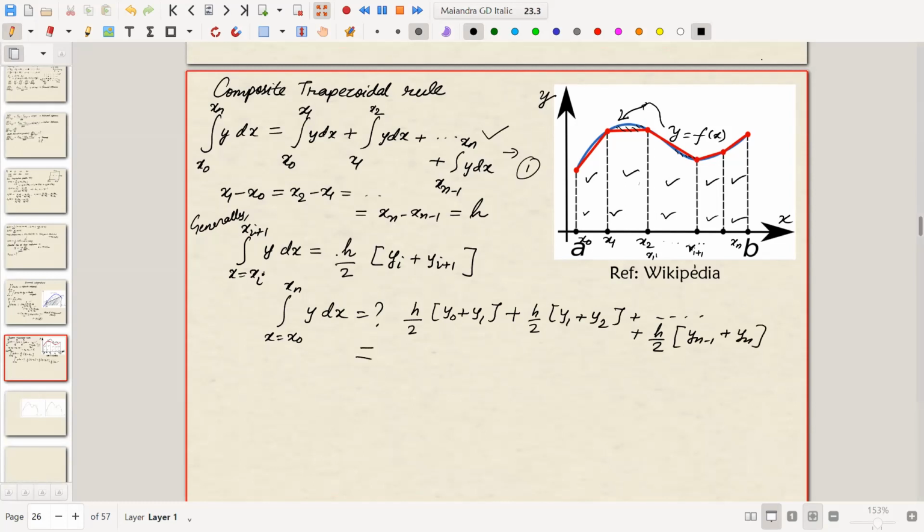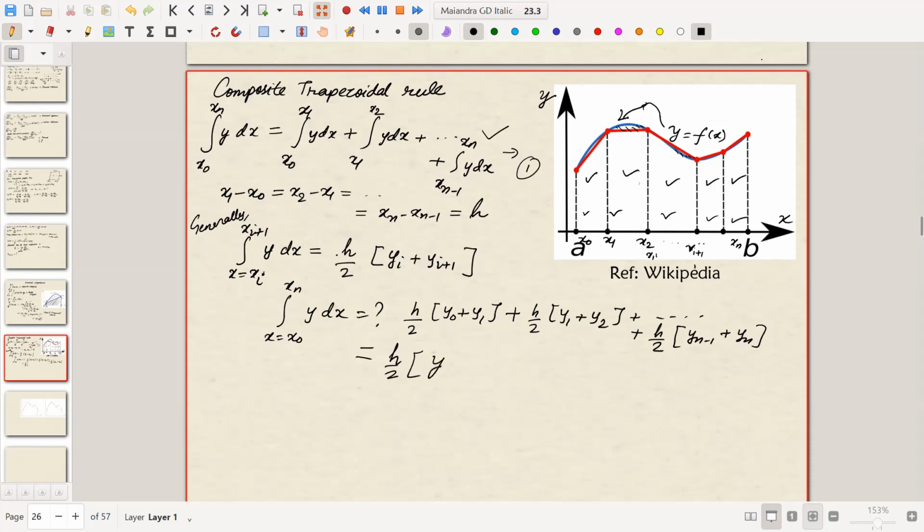Now we can't write it this way, right? We have to write it in a general way. Can anyone suggest? It will be h by 2. Summation we can write, but first let us write in a more open form, then we can generalize. Y naught is not appearing anywhere else. Is it appearing anywhere else?